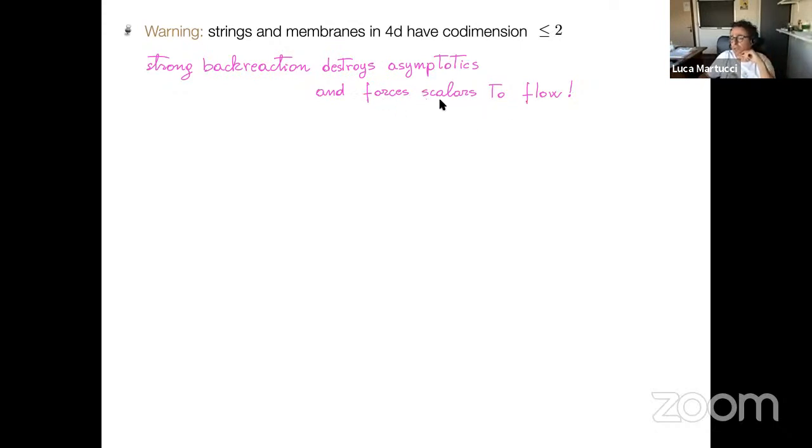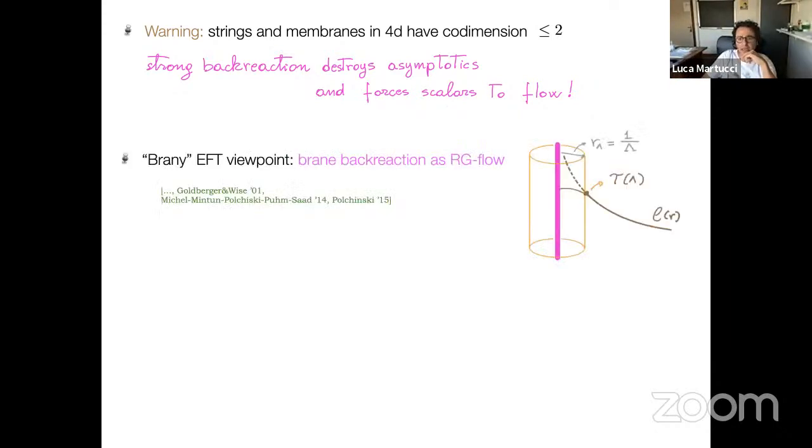So this means that we cannot treat such things at the probe level, nor can we consider them as states defined as excitations of a given vacuum state. Nevertheless, they admit a perfectly sensible interpretation as contributions to the effective field theory. And actually, from this EFT viewpoint, their back reaction can be interpreted as an RG flow of the corresponding string couplings.